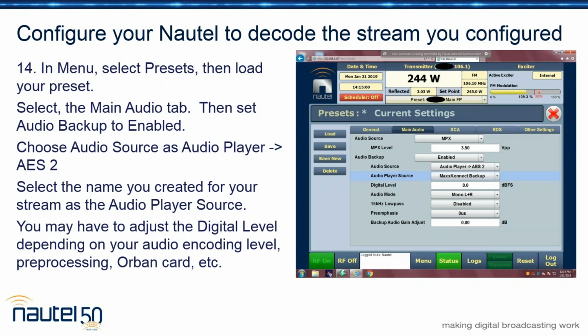You may have to adjust the digital level depending on how hard you're hitting the encoder, whether you have a preprocessor on it, whether you're using an Orban card, but that's typically all you have to do. You'll have the audio set up as your backup, and it will follow the audio failover that Scott had already talked about.